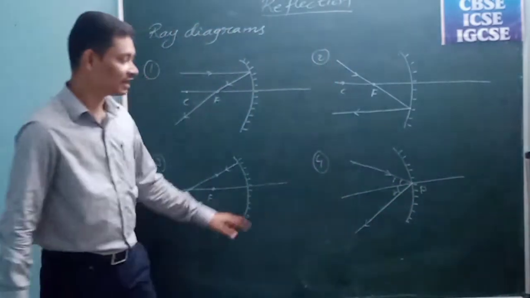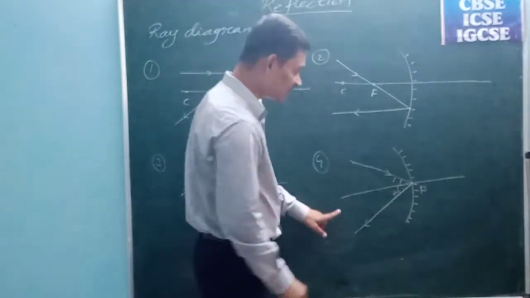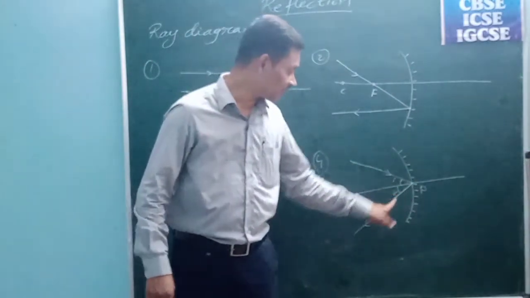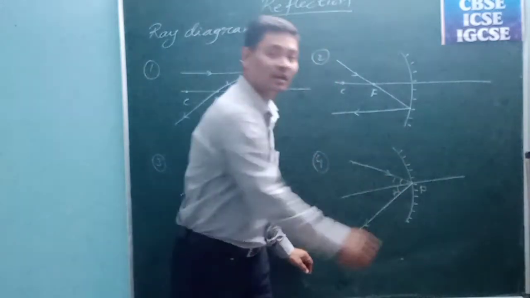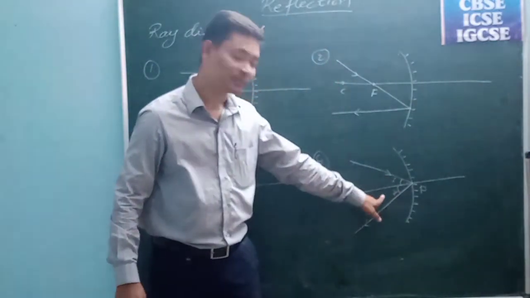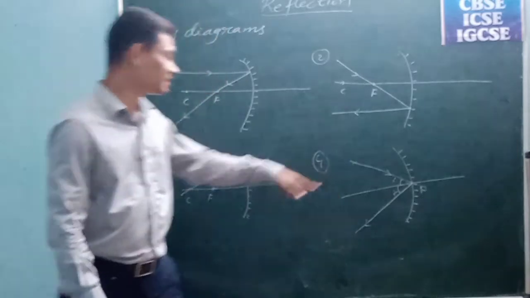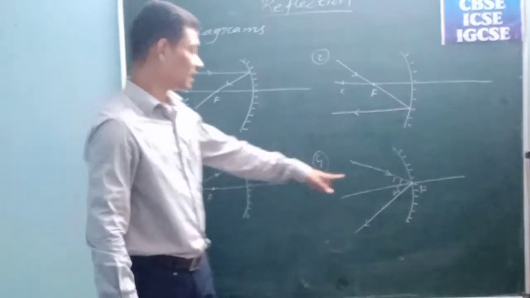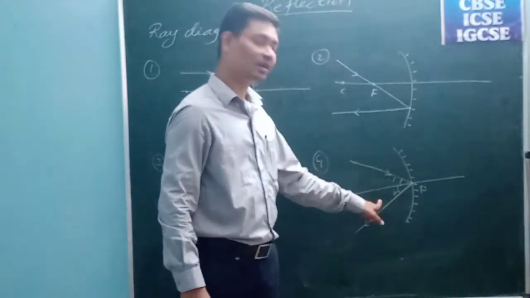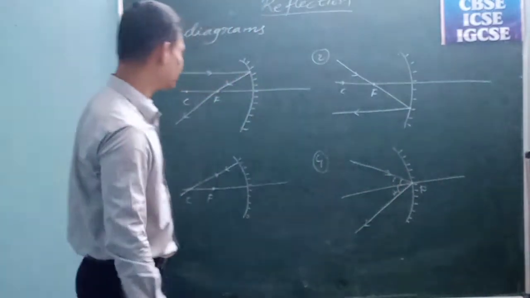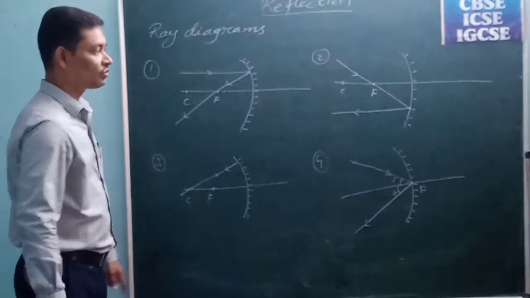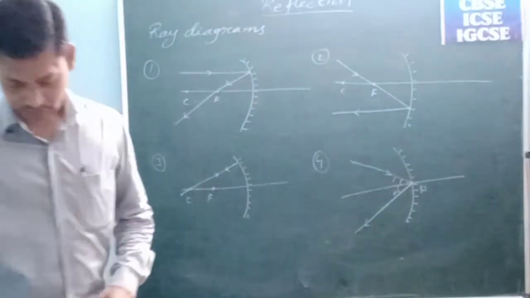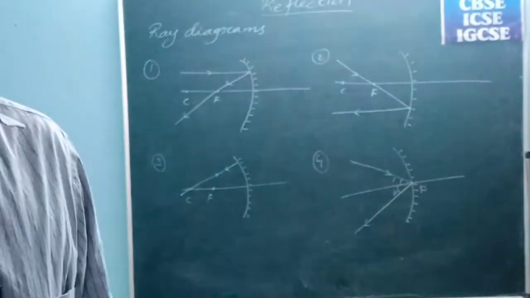Here, the angle made by the incident ray with the principal axis is equal to the angle made by the reflected ray with the principal axis. Both are equal here. So if the light ray is falling on the pole, then it reflects back, but here angle of incidence and angle of reflection is equal. So these are the four rules. By using these four rules, we will draw the ray diagrams for concave mirror.